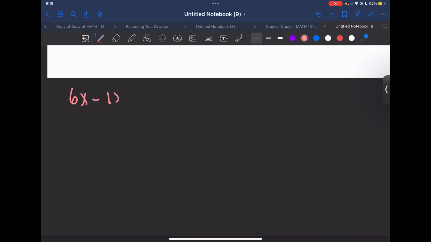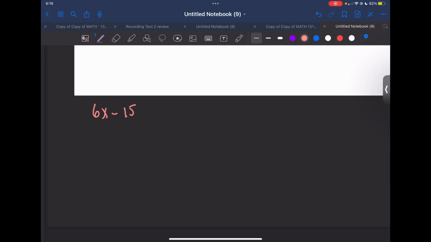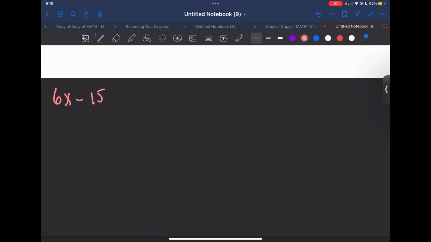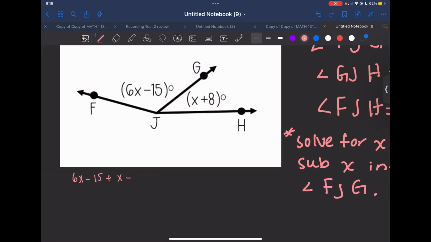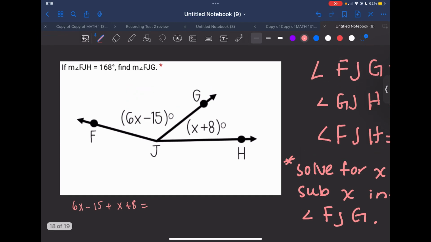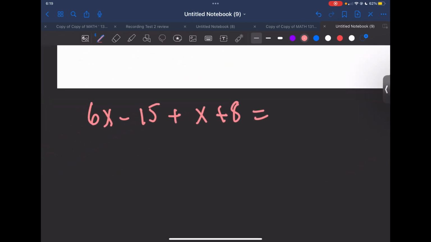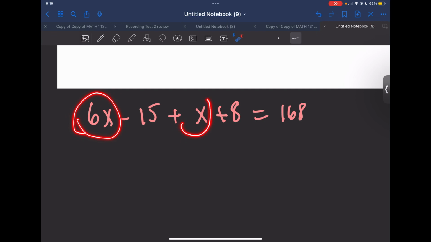6x minus 15 plus x plus 8 equals 168. All right, so we're collecting like terms, which is what we worked on the first week of school.